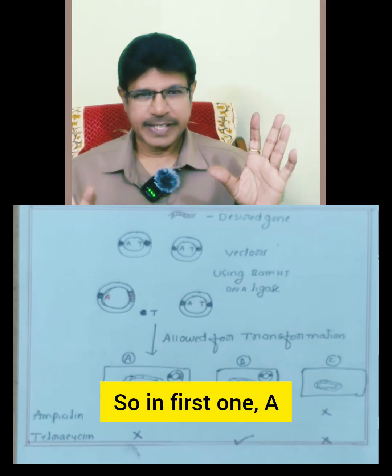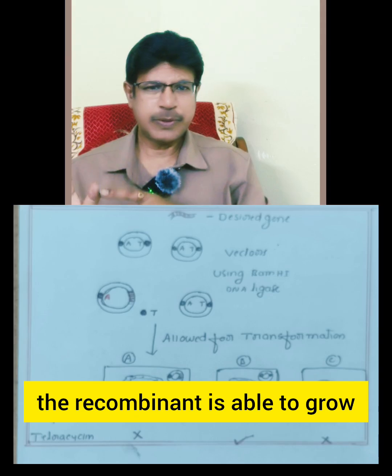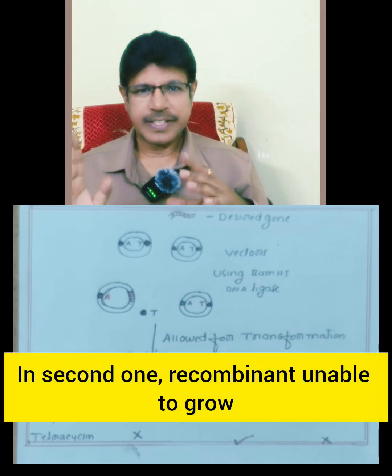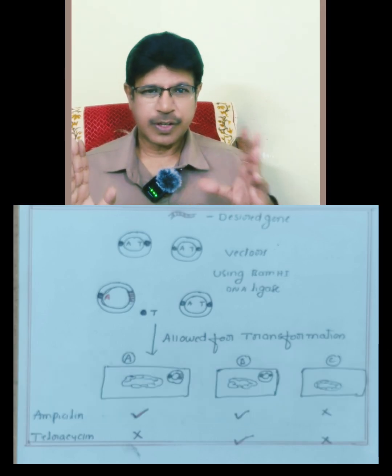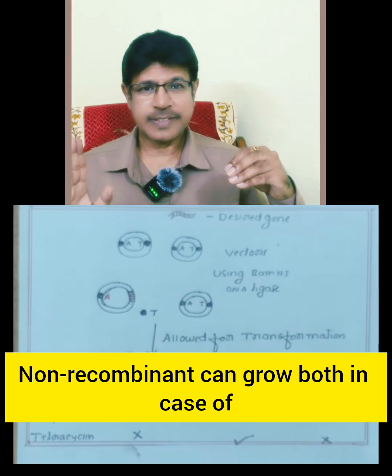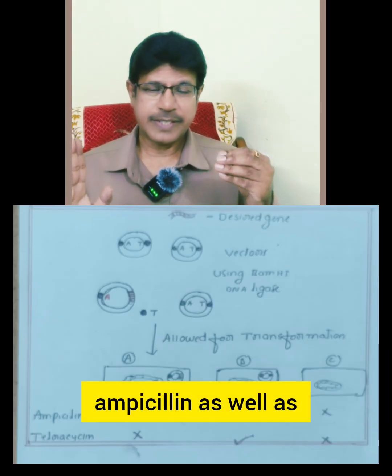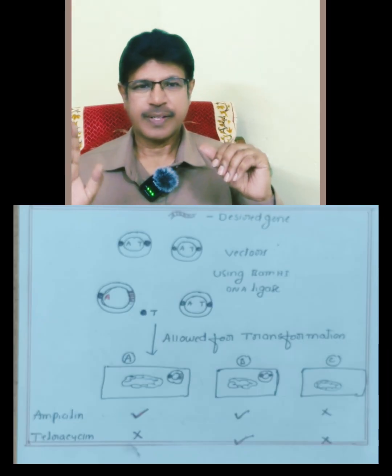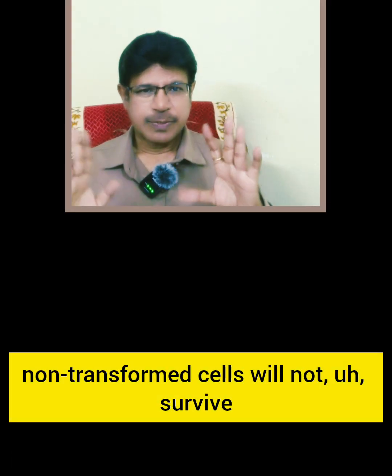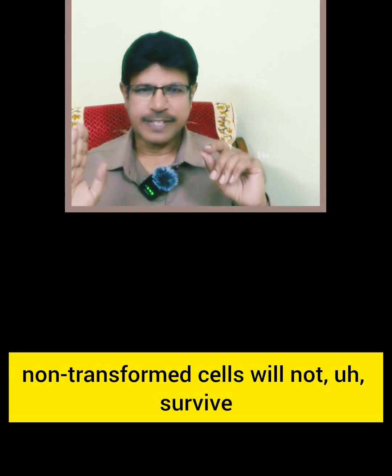So in the first one, A, the recombinant is able to grow in ampicillin. In the second one, the recombinant is unable to grow in tetracycline. Non-recombinant can grow both in ampicillin as well as tetracycline. Non-transformed cells will not survive.